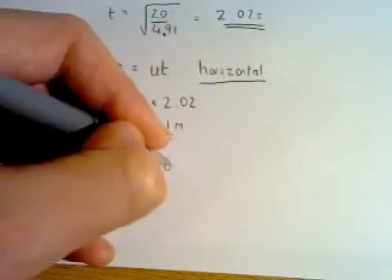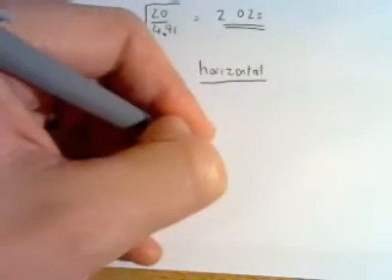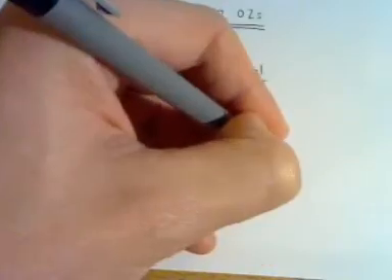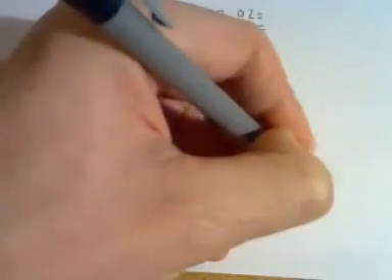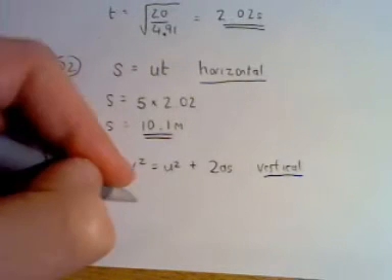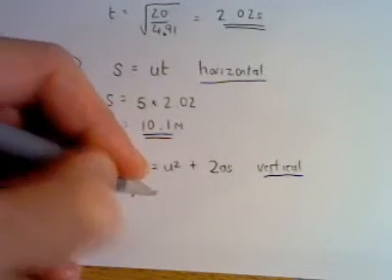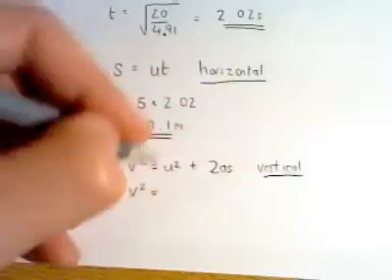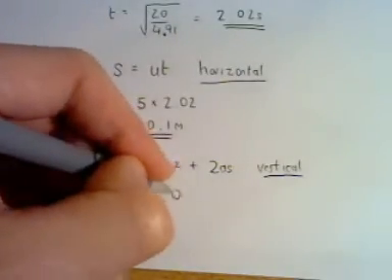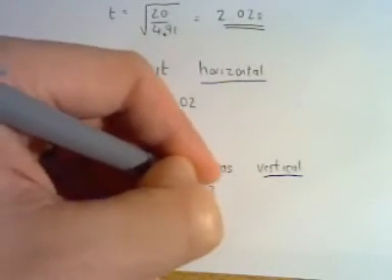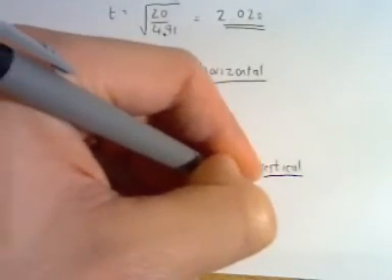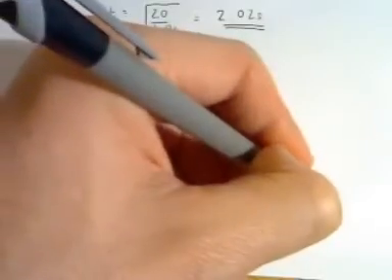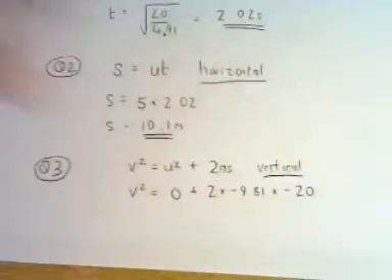V squared equals u squared plus 2as, and we're applying that vertically. Let's substitute in the values that we know. The initial vertical velocity is 0 plus 2 times the vertical acceleration is minus 9.81, and the final vertical displacement is minus 20.